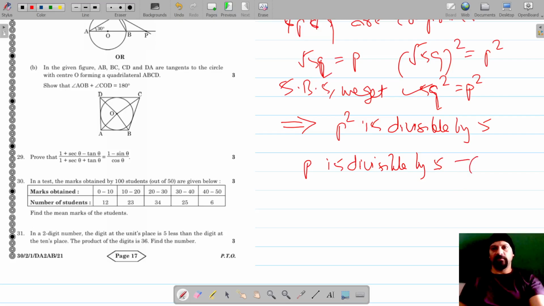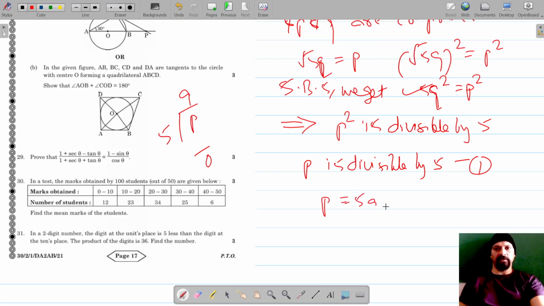So let's say this is our first result. Now, if p is divisible by 5 and we get the quotient a with remainder 0, then using the division algorithm we get that p is equal to 5 into a, where a is some integer.